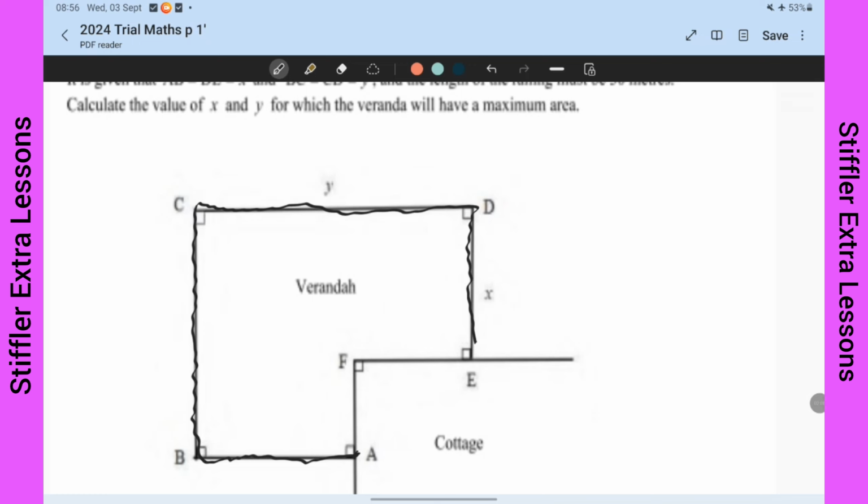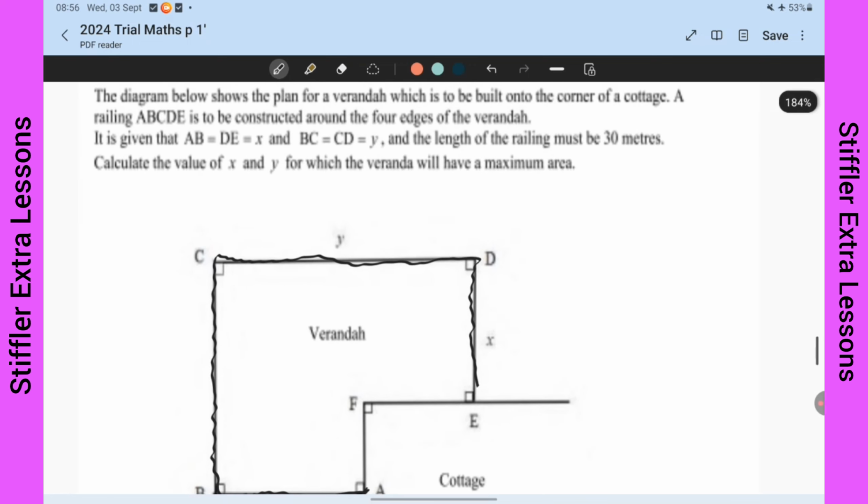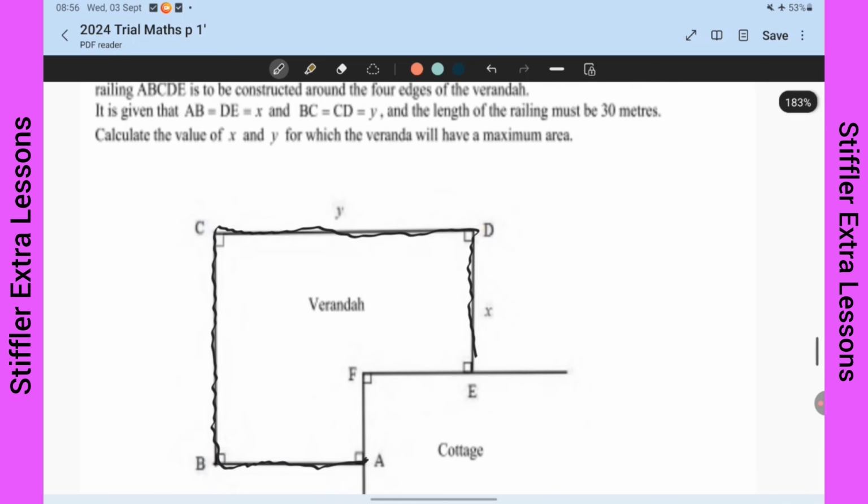Let's see what's next. It is given that AB, this is our AB here below, is equal to DE, which is equal to X. So this is also X. And BC is equal to CD, which is Y. So BC is also equivalent to Y. The length of the railing must be 30 meters.